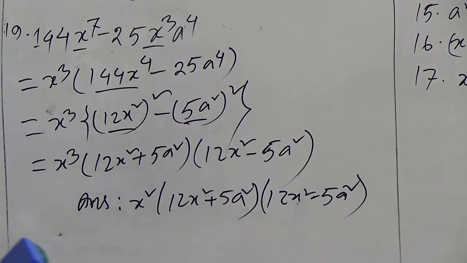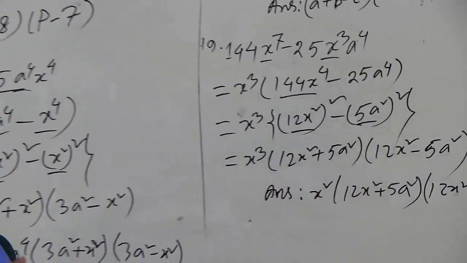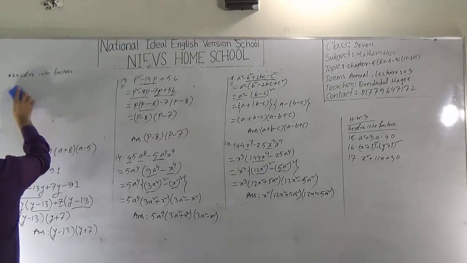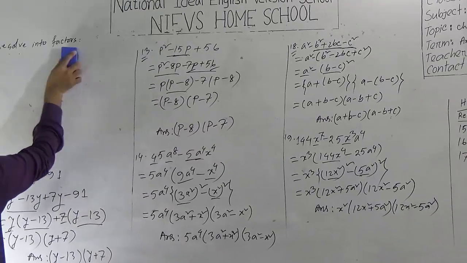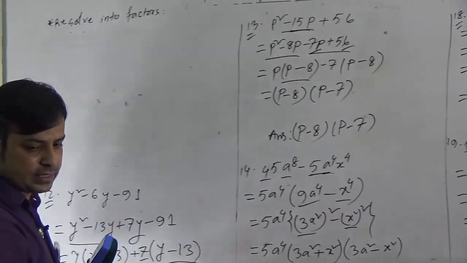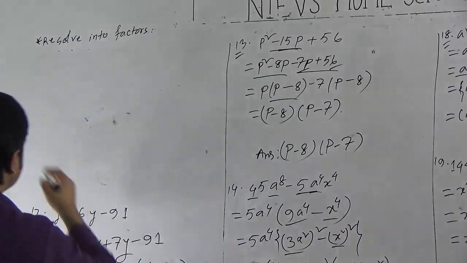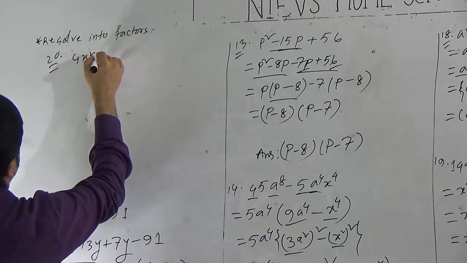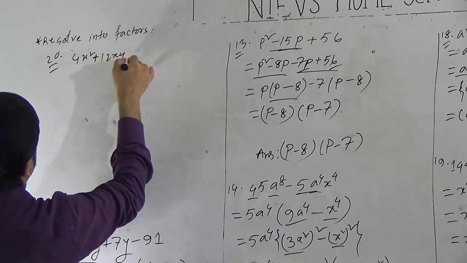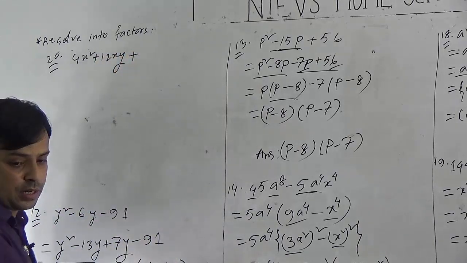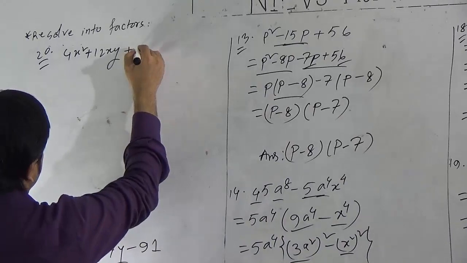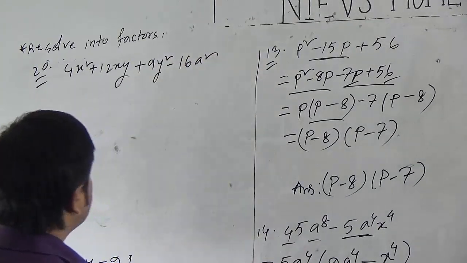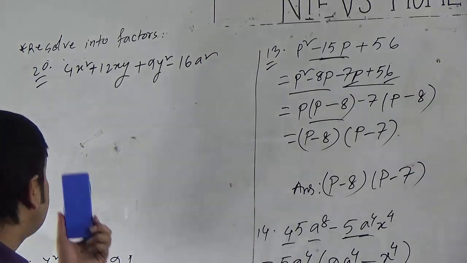Now I'll solve the last question, that is question 20. Question 20 is 4x square plus 12xy plus 9y square minus 16a square. Now I will solve this question.